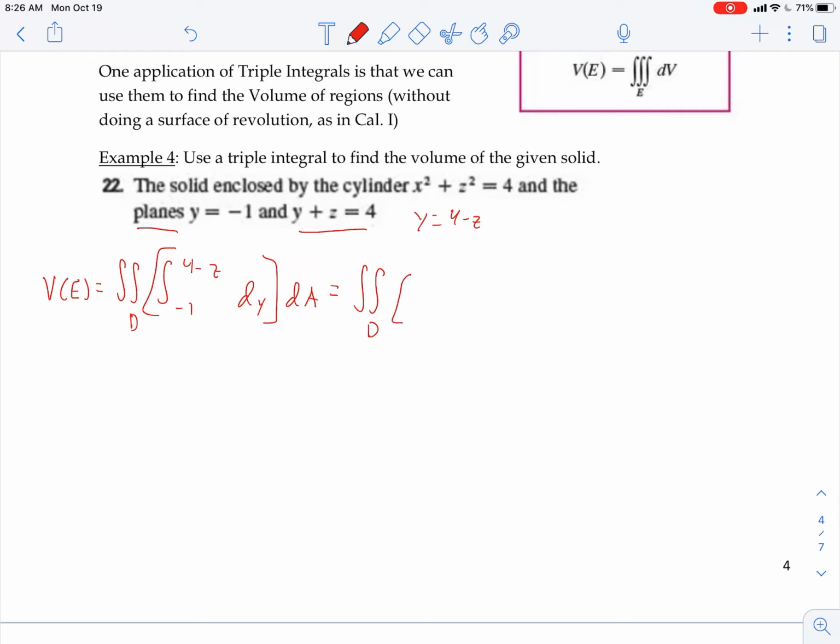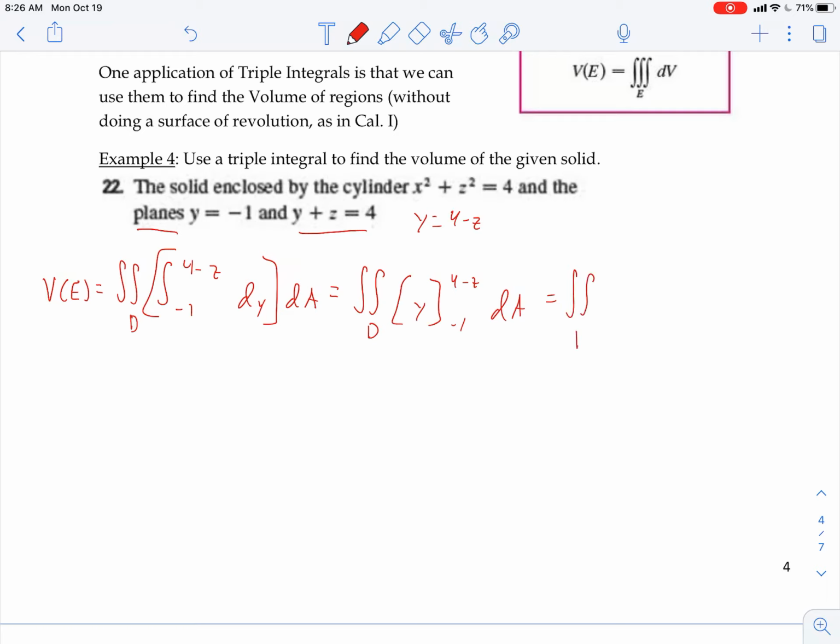So let's go ahead and integrate that. When we do that, we're going to get the integration of just y from 4 minus z to -1 dA.